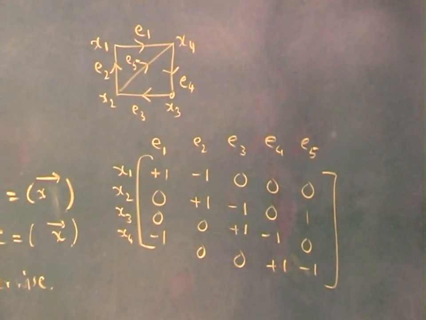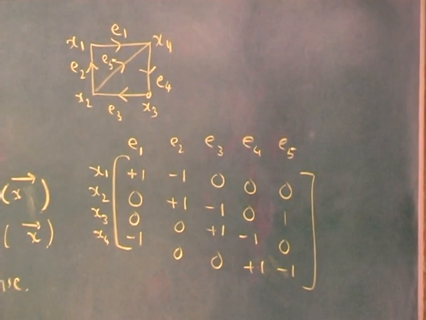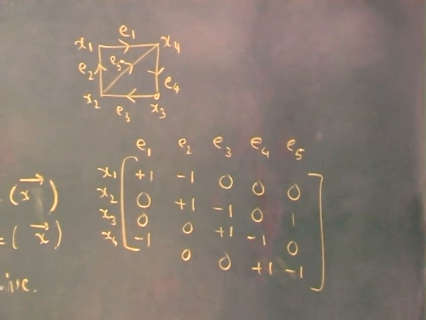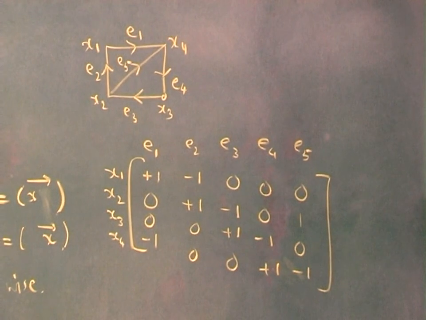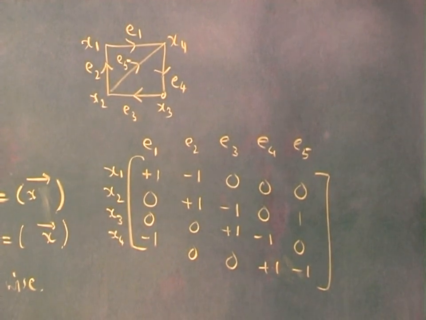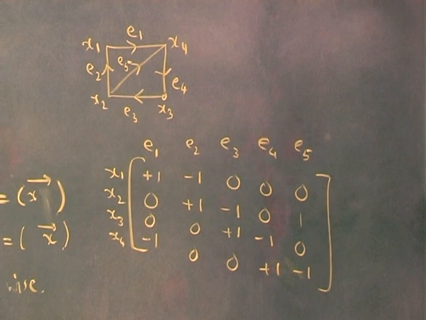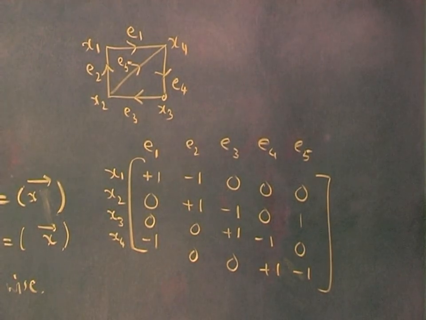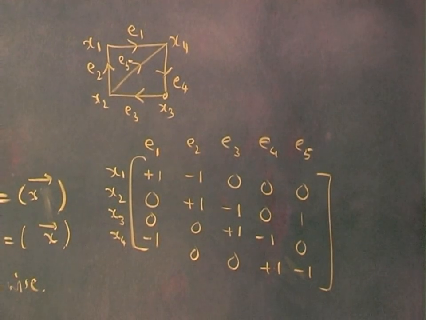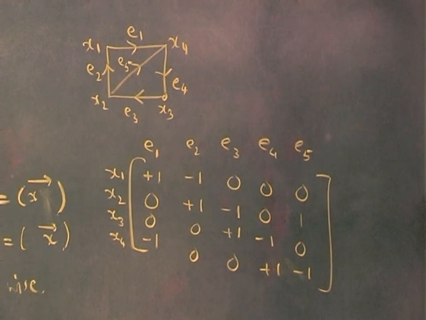This will of course change if I change the directions. Is that clear? If I reverse those directions, that matrix will of course change. The plus 1, minus 1s will change. They will. But I'll assume that I put these directions once and for all, and then we develop the entire theory.